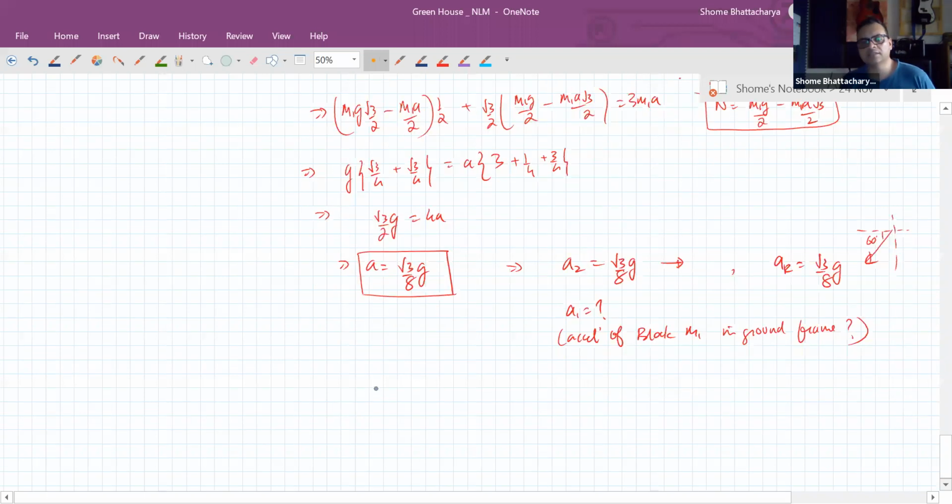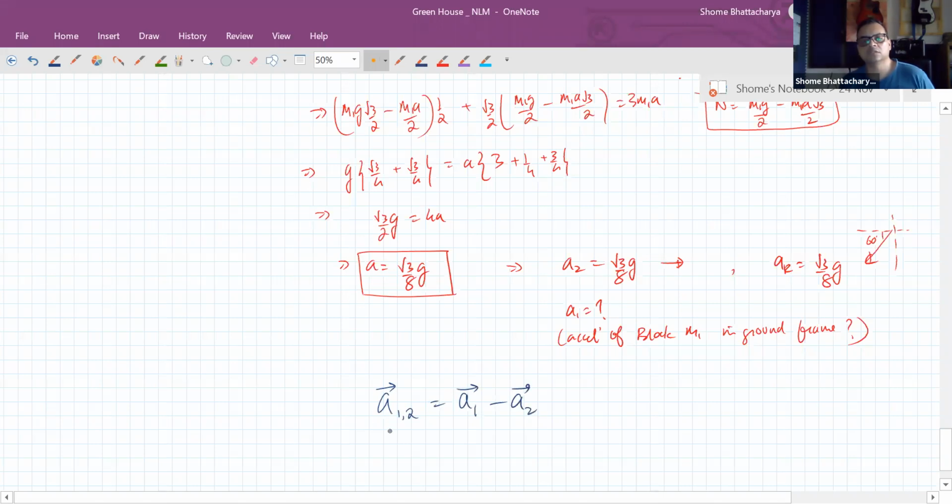that acceleration of, let's say, m1 with respect to m2, or we can just write it like this: acceleration of block 1 relative to block 2 is defined as acceleration of block 1 in the ground frame minus acceleration of block 2.